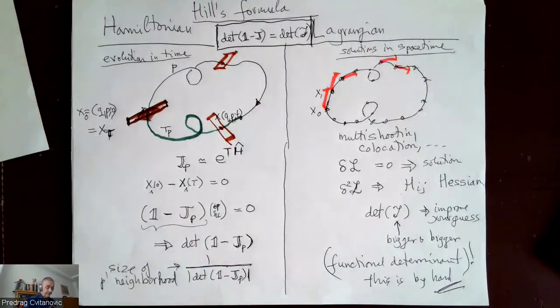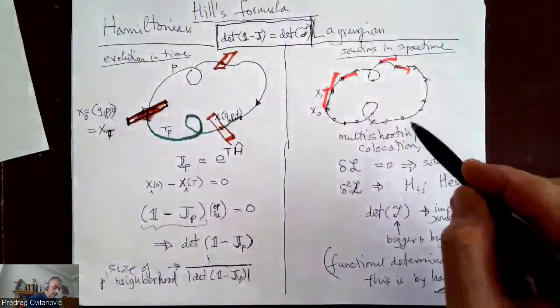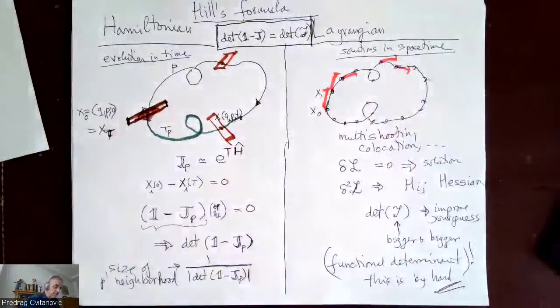And this tells you that you move forward in time. If this has expanding eigenvalues, your errors grow and you have chaos. But here, you seem to be doing something totally different. You take a whole orbit, you forget that there is time, just use it to label points on it.